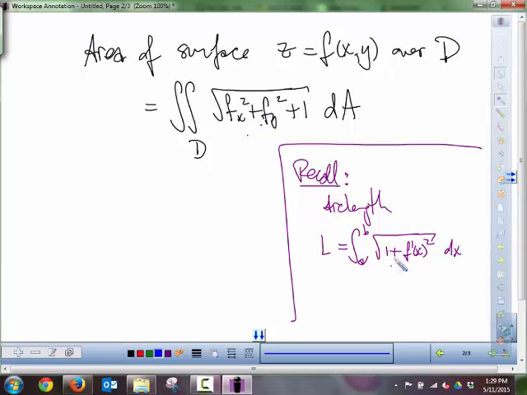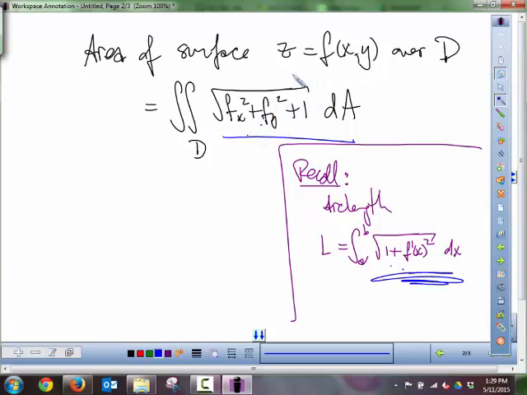Yeah, so just like Ryan said, it's the magnitude. So this is a cross product.